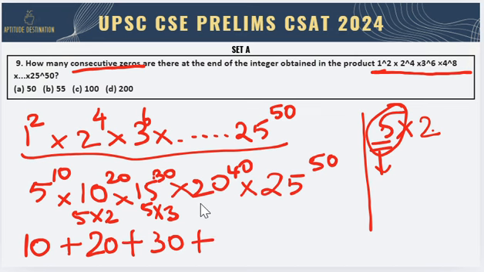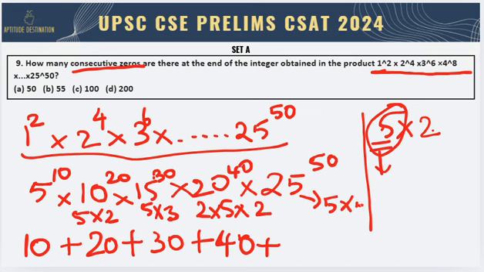And in here we have 20, which is 2 into 10, and this 10 can be divided into 5 into 2, which means 5 is 40 times present here. And finally we have 25, which can be divided into 5 into 5. So this has 5 power 50 into 5 power 50, which means there are totally 100 5's present here.